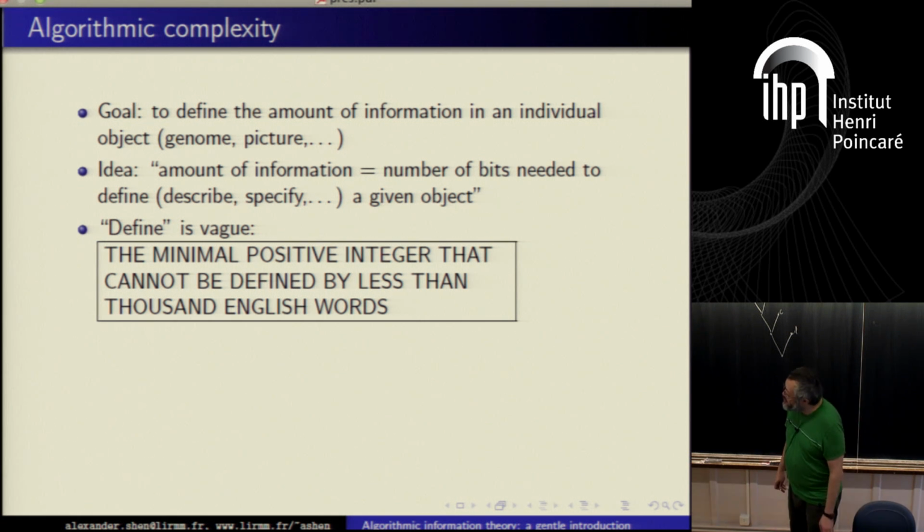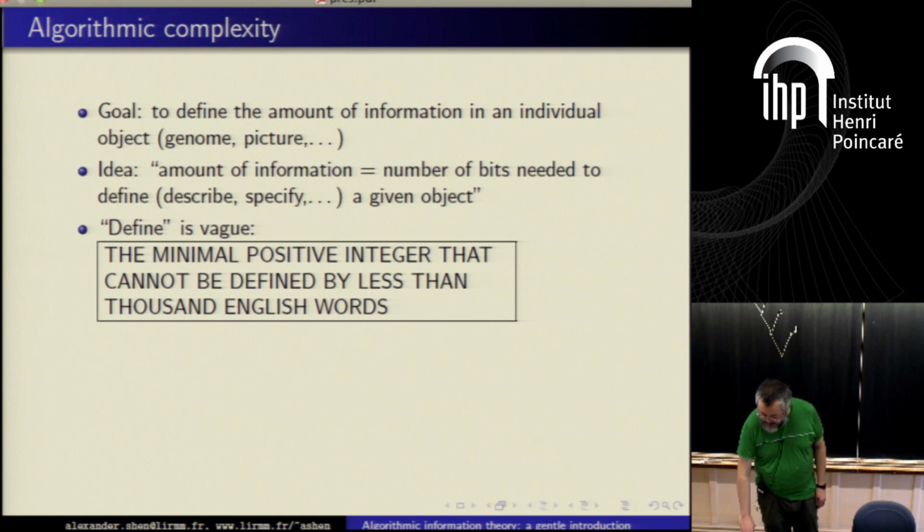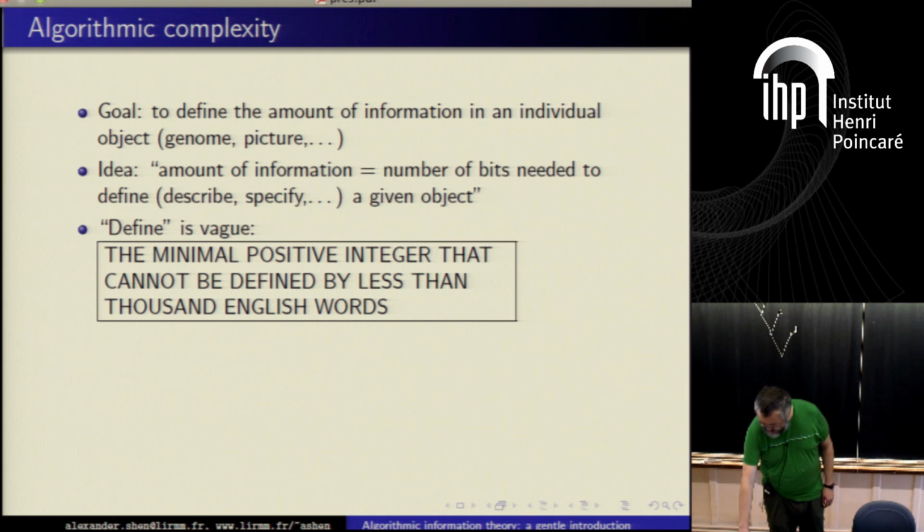Only finitely many integers can be defined by 1,000 English words, so there is a minimal one which cannot, and still it is defined by this sentence, which definitely has less than 1,000 words. So this is a paradox which shows that we should be very careful, like in Gödel's theorem with truth, and here we should be careful with what is a definition.